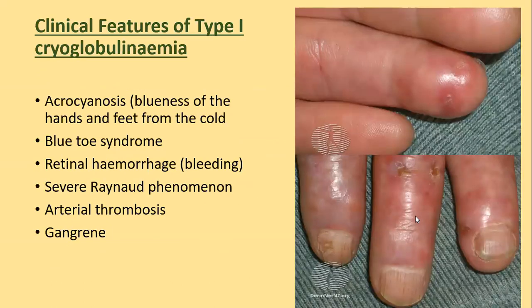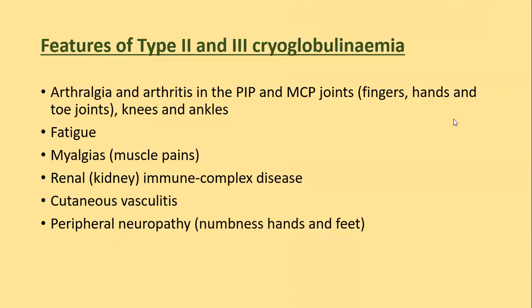Clinical features of type 1 cryoglobulinemia. There is acrocyanosis, blue toe syndrome, retinal hemorrhages, severe Raynaud's phenomenon, arterial thrombosis, and ultimately gangrene.